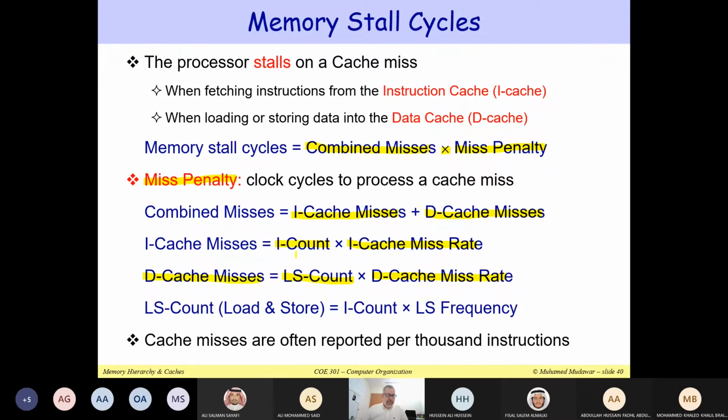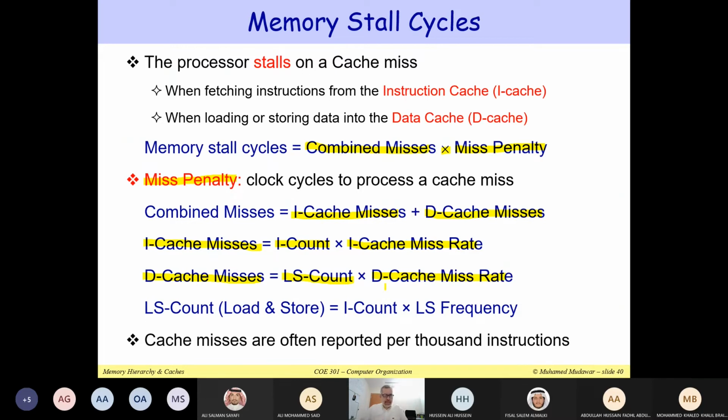Notice that these same equations can be used to calculate the miss rate, as we have seen in the previous example. Knowing the I cache misses and the instruction count, if you divide, you get the I cache miss rate. The same thing, if you know how many data cache misses and you know the load-store count, this can be used to calculate the data cache miss rate.